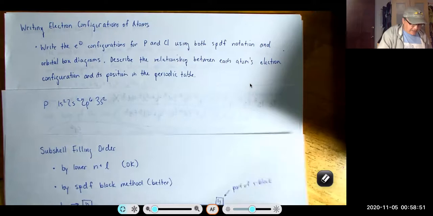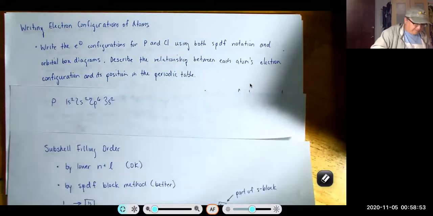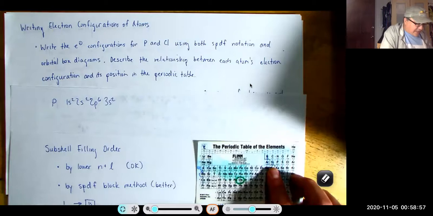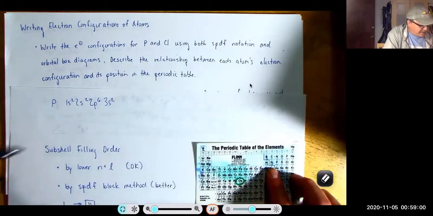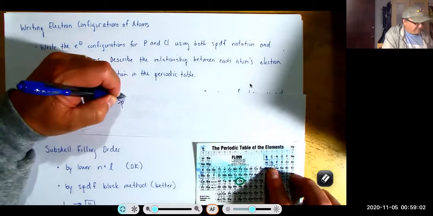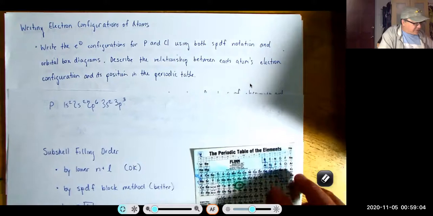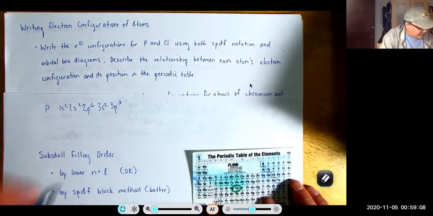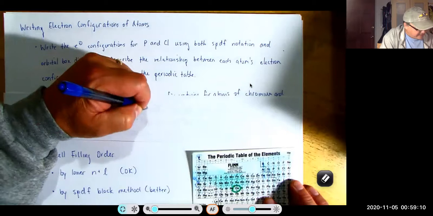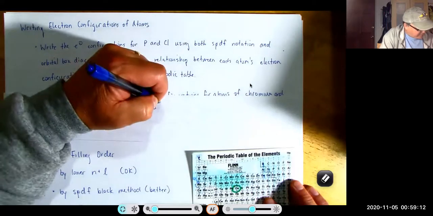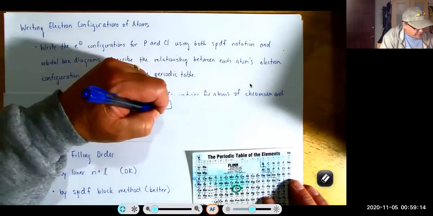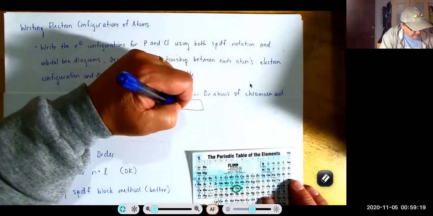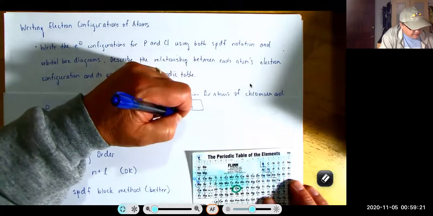If we look at my periodic table, it's over 3 elements, right? So that would be 3p3. For the box notation, I'm going to do the noble gas box notation. So that would be neon, and we would have 3s2 and 3p3.